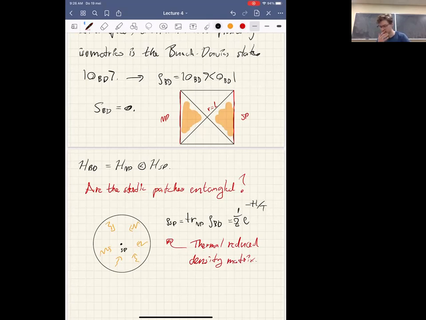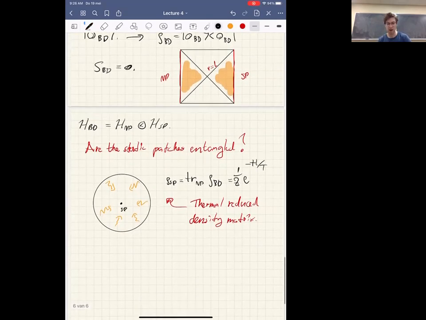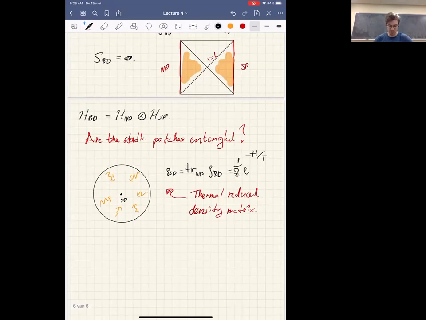In particular, what that means is when we look at the von Neumann entropy associated with this thermal density matrix, that gives an entanglement entropy that is non-zero. And precisely when you do the computation, you find that the entanglement entropy associated with the South Pole reduced density matrix is precisely equal to the de Sitter entropy.